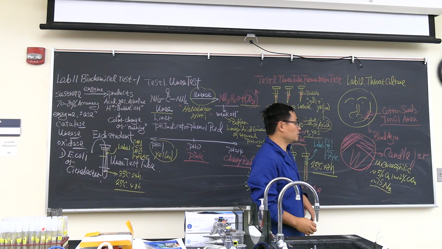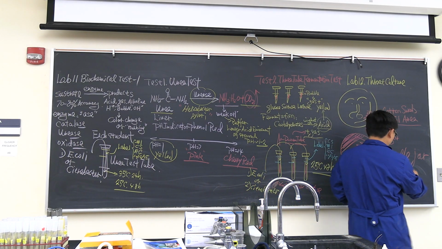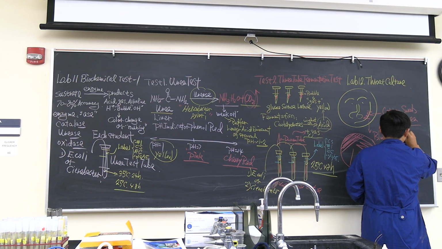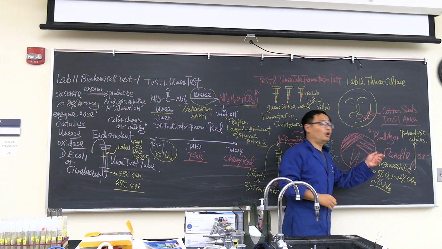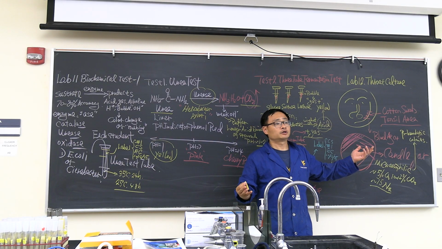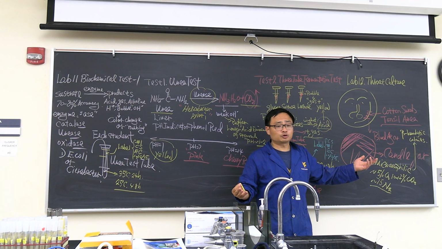Why do we need a microaerophilic environment? Because we could have beta hemolytic colonies or alpha hemolytic colonies, that will tell you it could be Staphylococcus or Streptococcus.